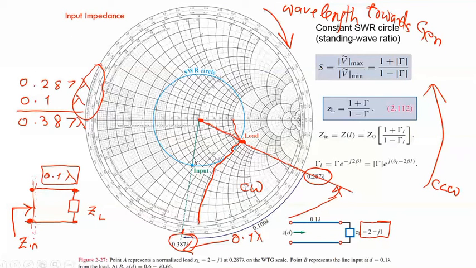This means that from the load we are moving towards the generator, in this clockwise direction.